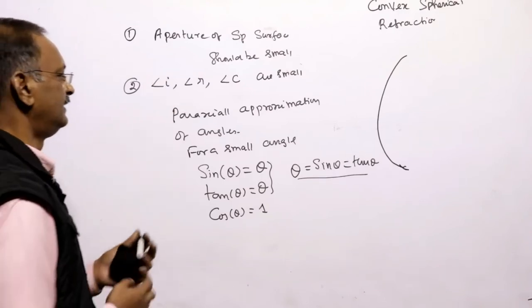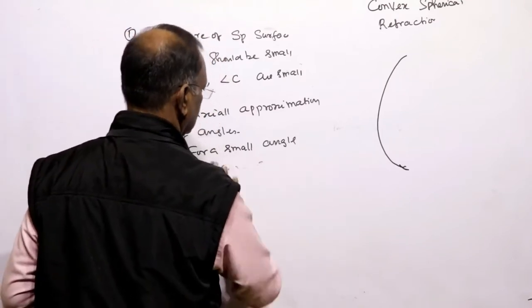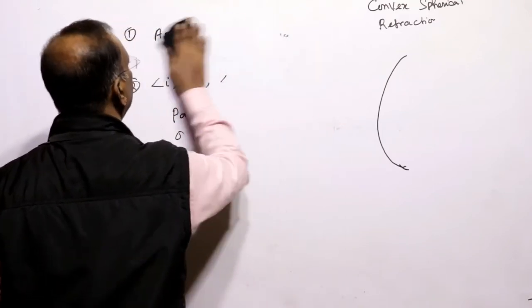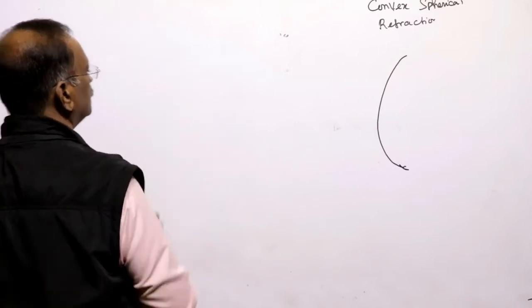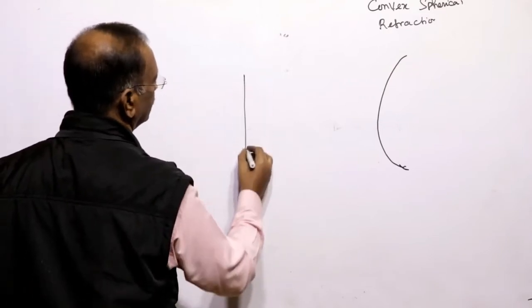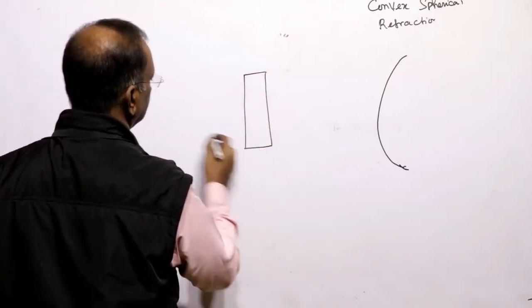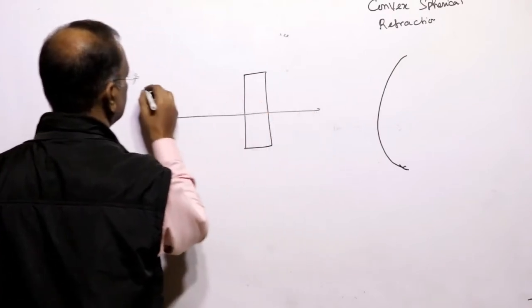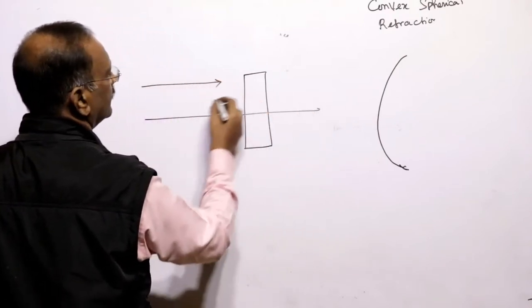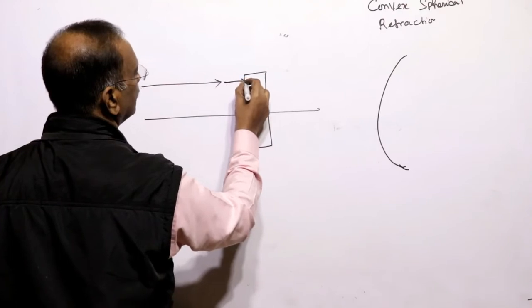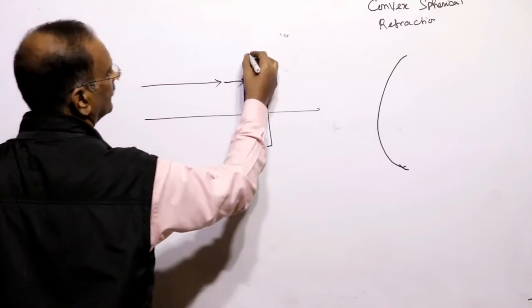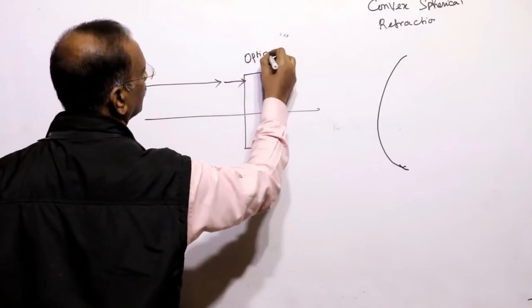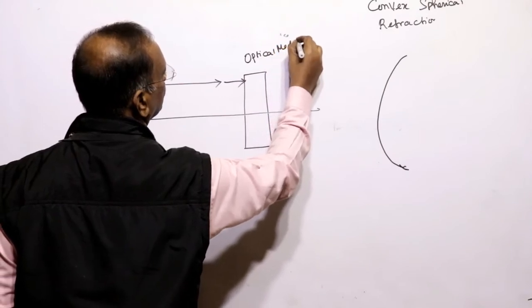Then the sign convention. What does it say? Suppose this is the optical medium, maybe concave or convex, and this is the principal axis. This is the ray going towards the optical medium.